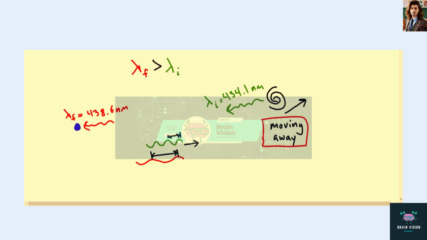Now, the second question is, what's the speed of that galaxy relative to the Earth? In order to find that, we have to turn to the Doppler equation. This redshift of the galaxy moving away is sort of like a Doppler shift when it comes to sound and frequencies of sounds. Let me scroll down a bit here.